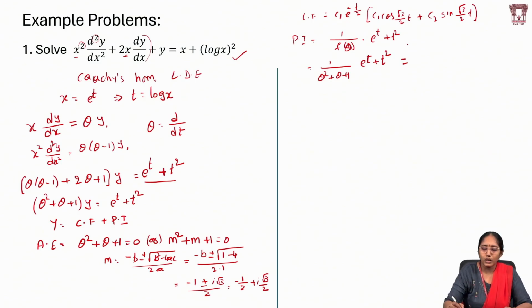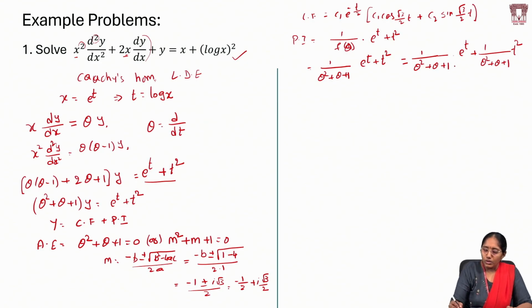Then you can split it: 1 by theta square plus theta plus 1 into e power t plus 1 by theta square plus theta plus 1 into t square. Here observe, these are the two terms. Then you can take it as PI1 plus PI2. Then solve one after the other.